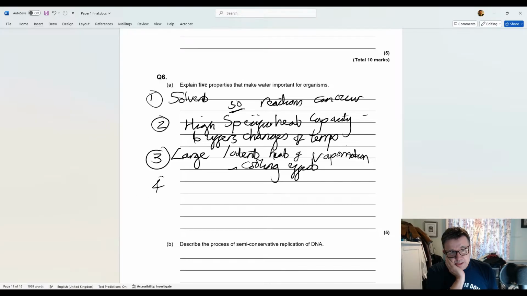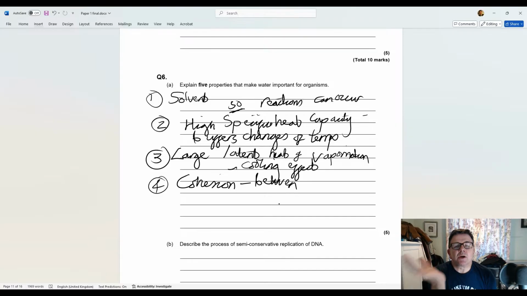Number 4, we've already talked about it, would relate to water cohesive nature, so cohesion. You have to be careful not to go into too much detail. If you're a chemist, you don't need to go into loads. Okay, between the water molecules. All right, what does that do? It just supports columns of water in plants.